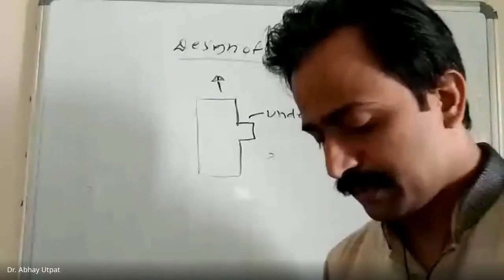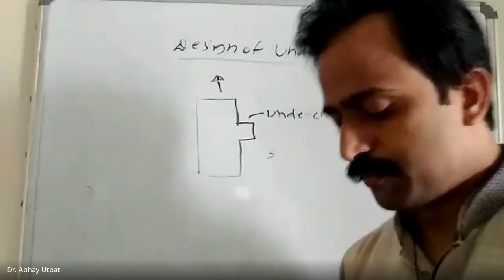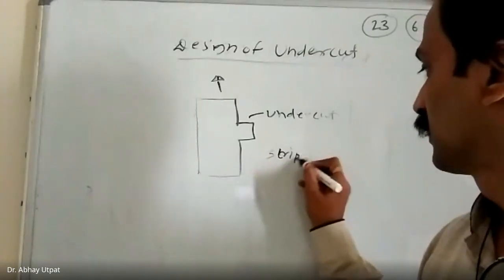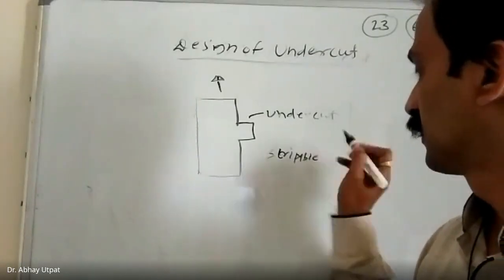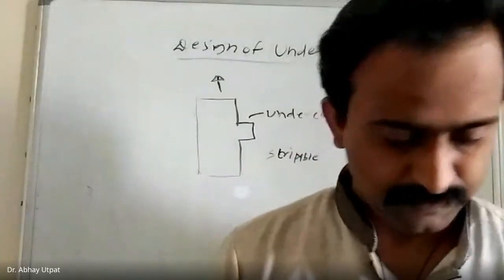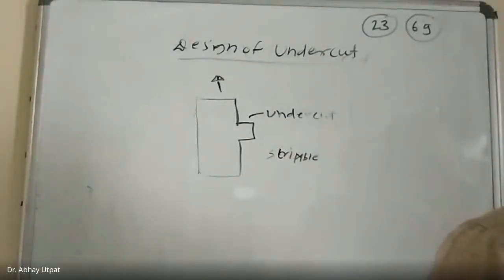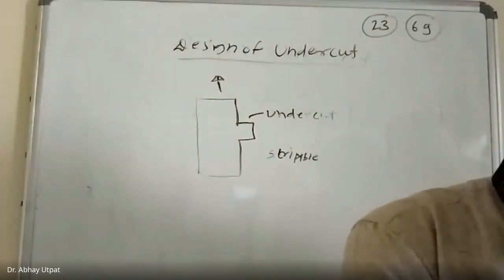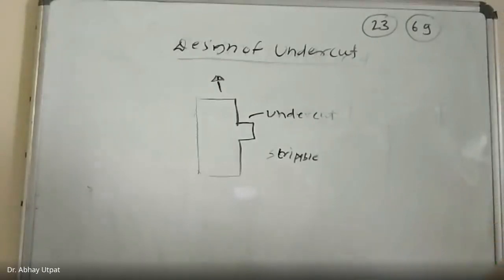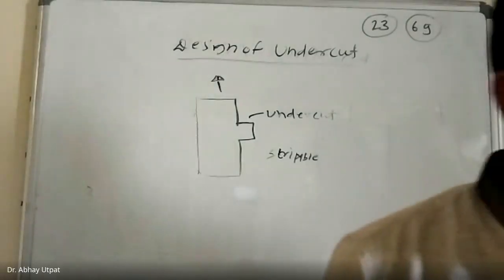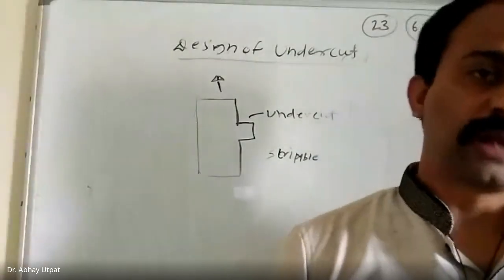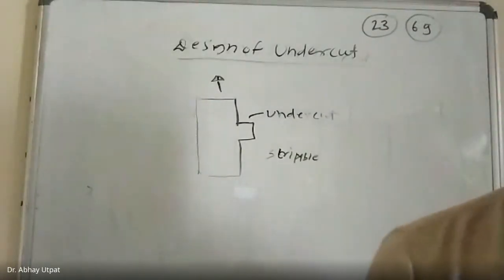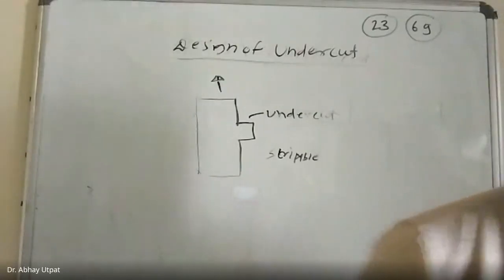Strippable means you can just mold it. If such undercuts are strippable, the other half of the mold needs to be removed.